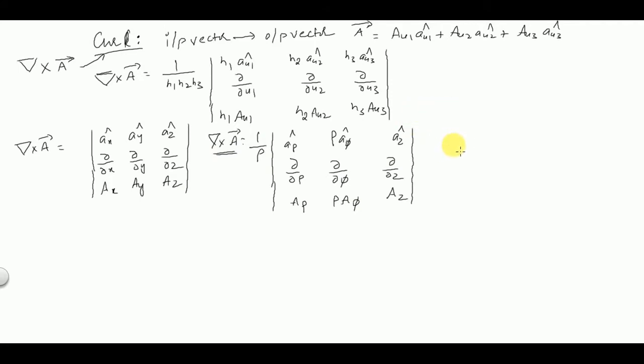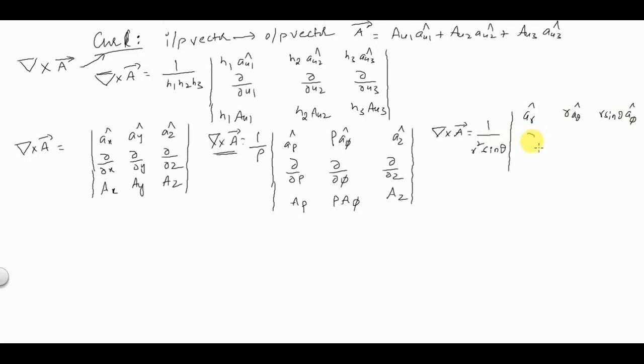Similarly, if you apply the same to the spherical coordinate system, del cross A bar is equal to 1 by r square sine theta, because h1 is equal to 1, h2 is equal to r, and h3 is equal to r sine theta, so you'll get r square sine theta. So this is ar cap, this is r into a theta cap, and this is r sine theta into a phi cap.